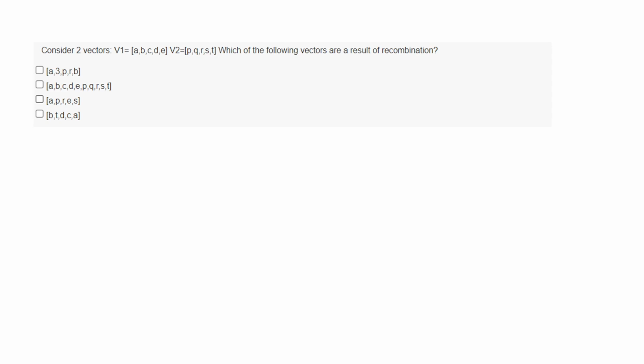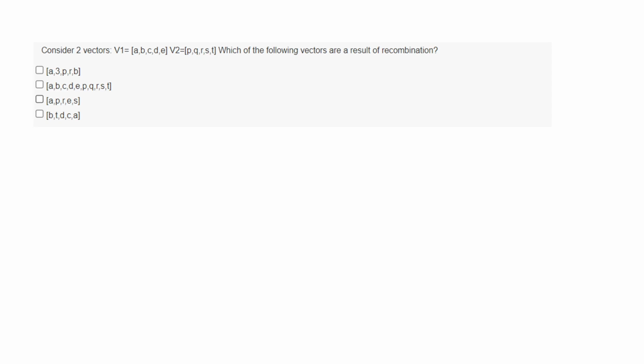So if you look carefully, in the first one, A3PRB, the 3 is not anywhere in the two vectors, so it is not possible to have this. Recombination is basically swapping out solutions, but here you've just combined them in the second one.